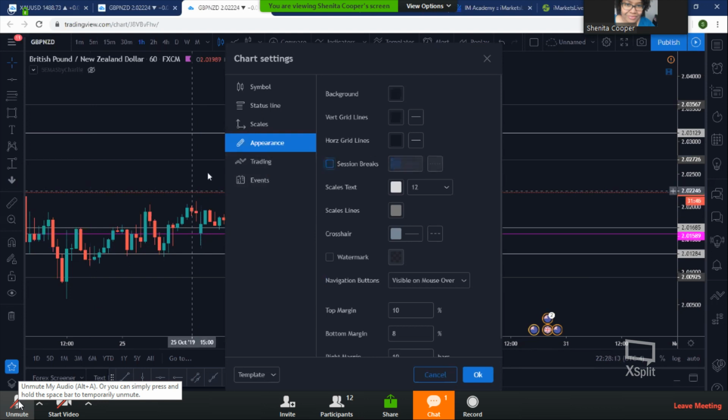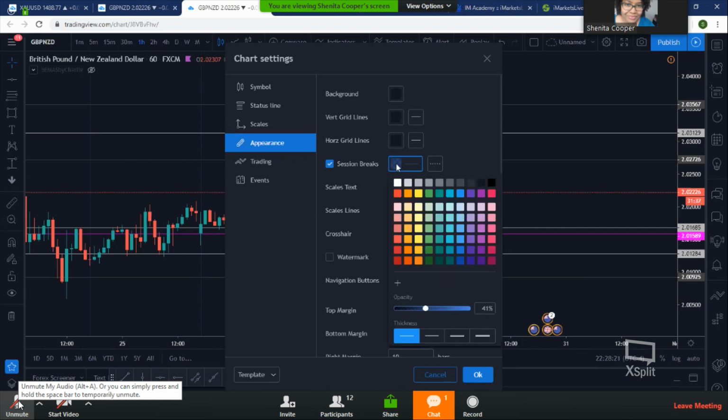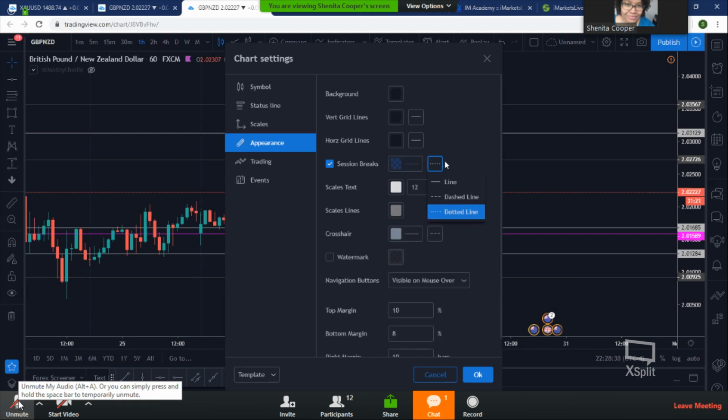See, it's not clicked on, they disappear. On, off, on, off. Click right here, choose whatever color or how dark or light you want it, or how thick you want it. Over here, you could choose if you want a dotted line, dashed lines, or a solid line.